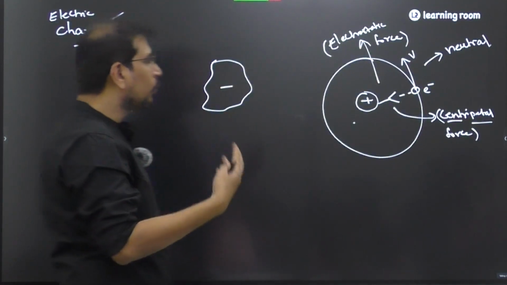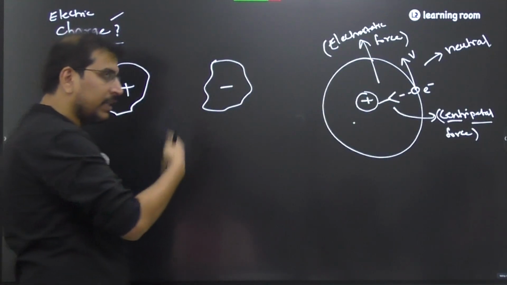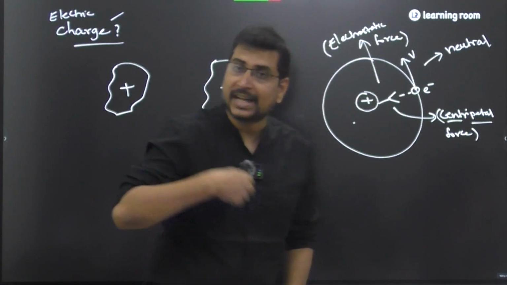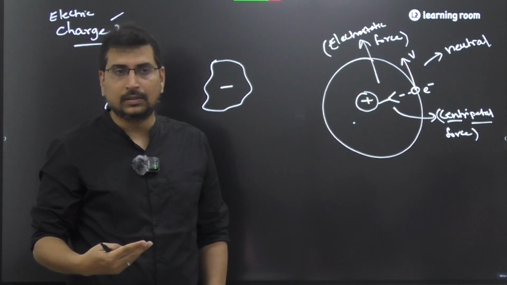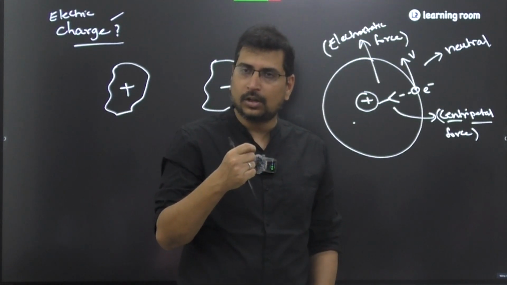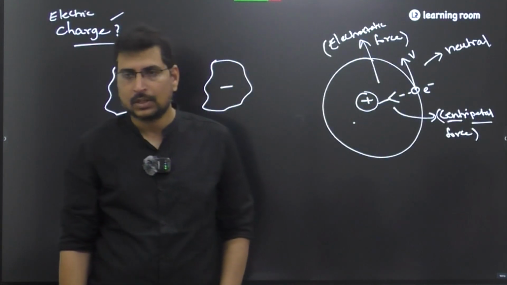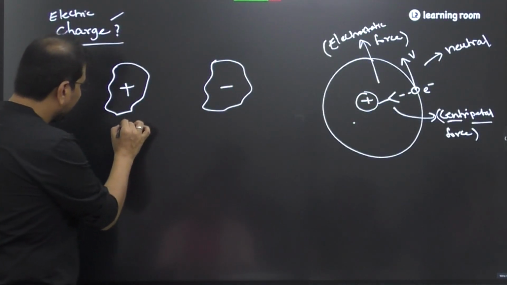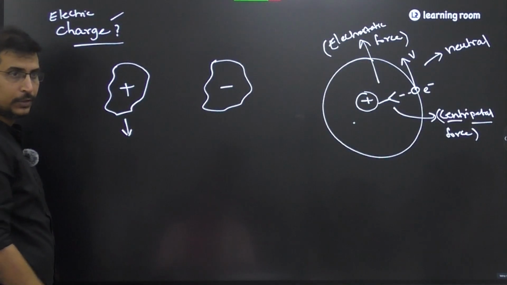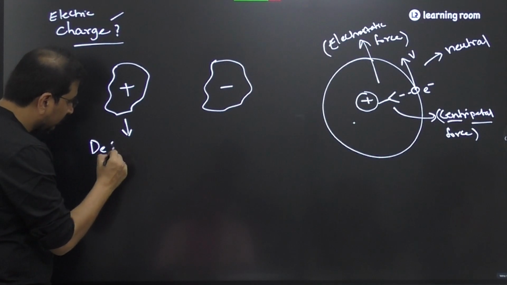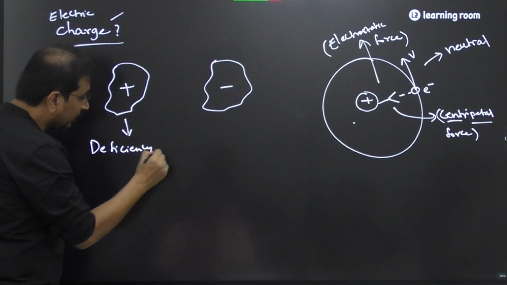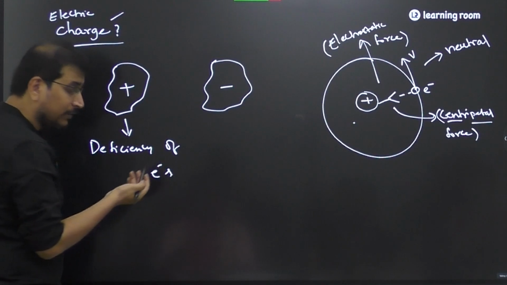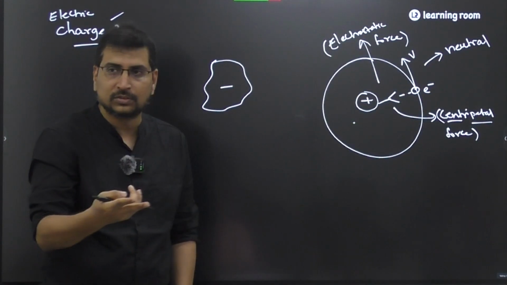So, whenever you talk about the material getting charged, what is it we actually do? We either remove an electron or add an electron. So, when I say positively charged, what can I say? Can you give me the conclusion for this? There is deficiency of electrons. When I say deficiency of electrons, you can say the number of protons are more.